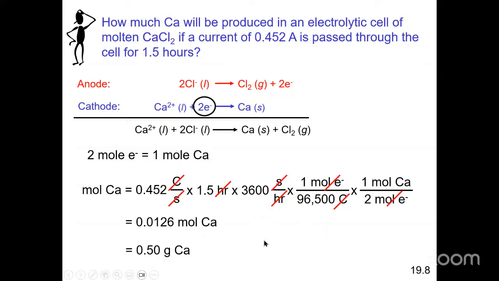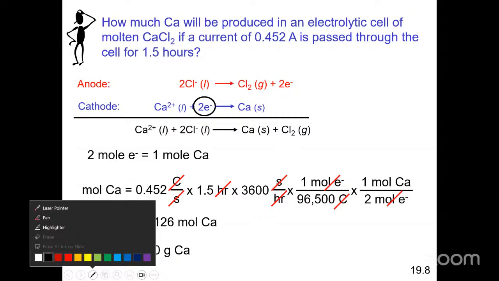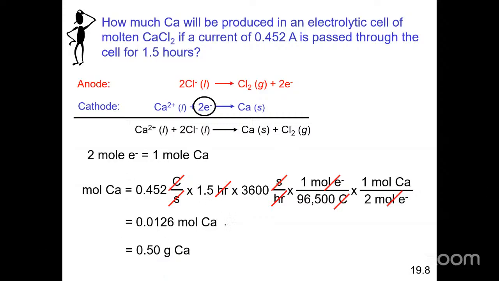All right, any questions about this particular example? Any questions? Yes, sir. What do you multiply to the moles to get grams of calcium? You have to multiply by the molar mass. So that means that you have to multiply this by 40.08 grams of calcium over 1 mole of calcium.